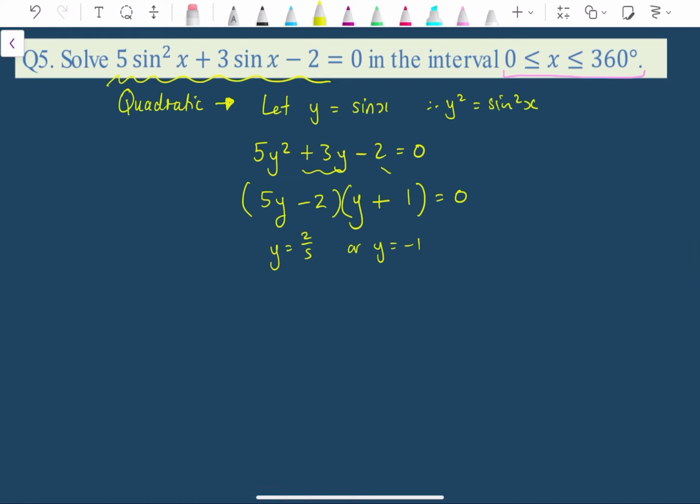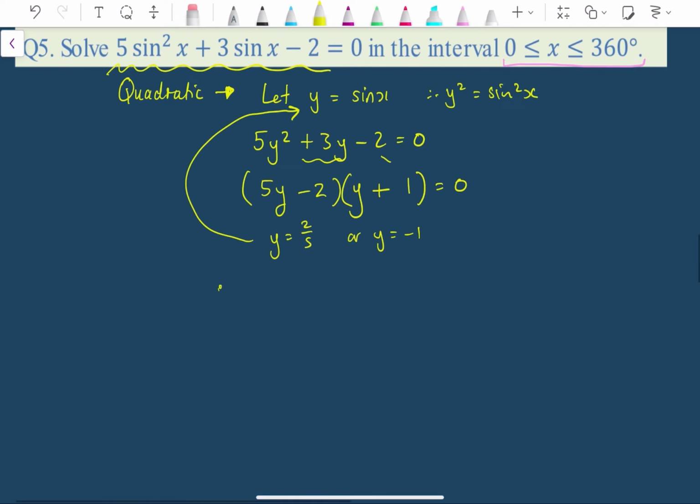So I haven't started at all finding my PV. I'm first just trying to find the solutions to sine x. So remember, I made a substitution. So I can now say, therefore, sine x equals 2/5, or sine x equals -1.